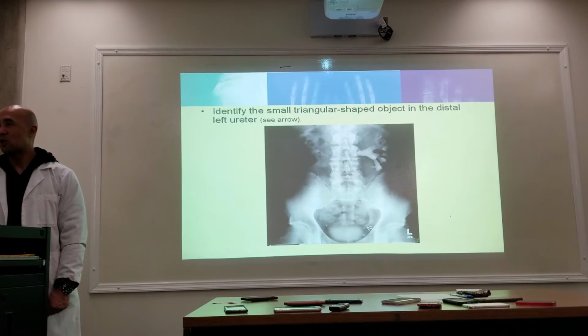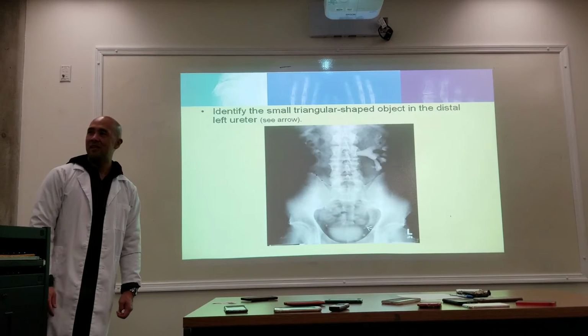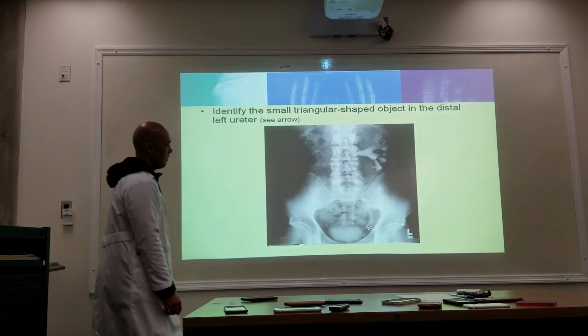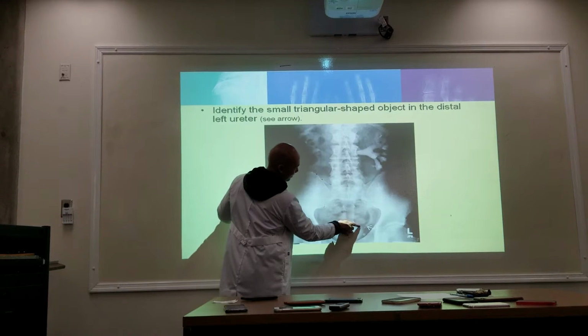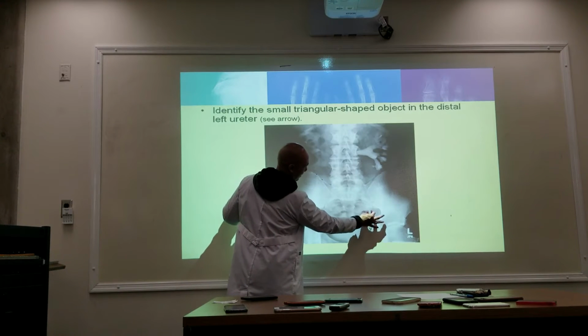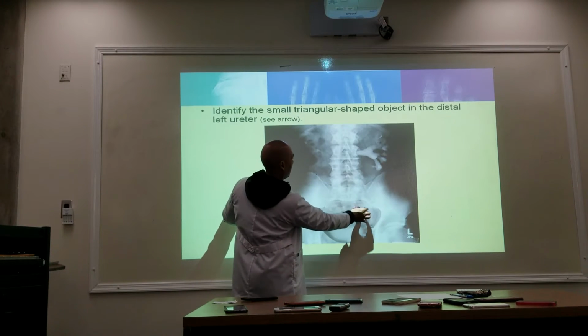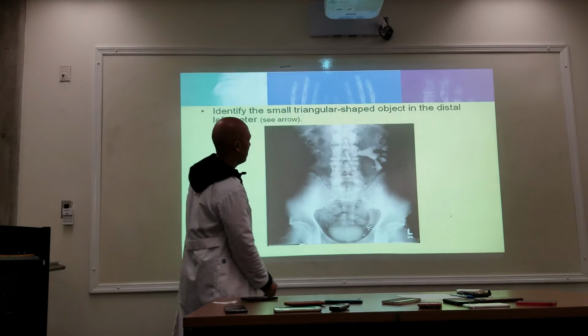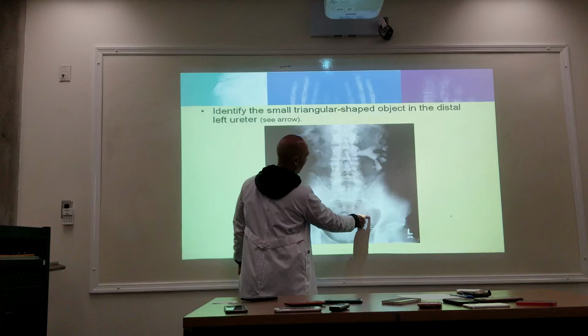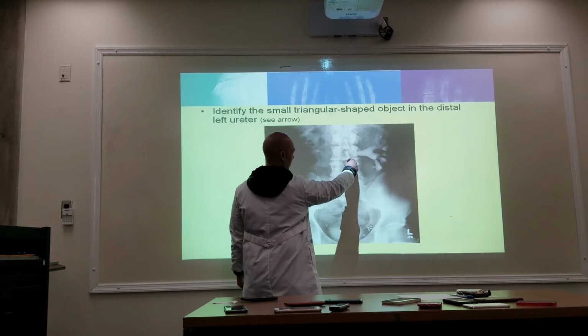Identify the small triangular shaped object in the distal left ureter. So there's something there, but look at this. Look how thick and distended. I can't even see the rest of it, but look, it's distended here. I think the ureter is going somewhere up here.